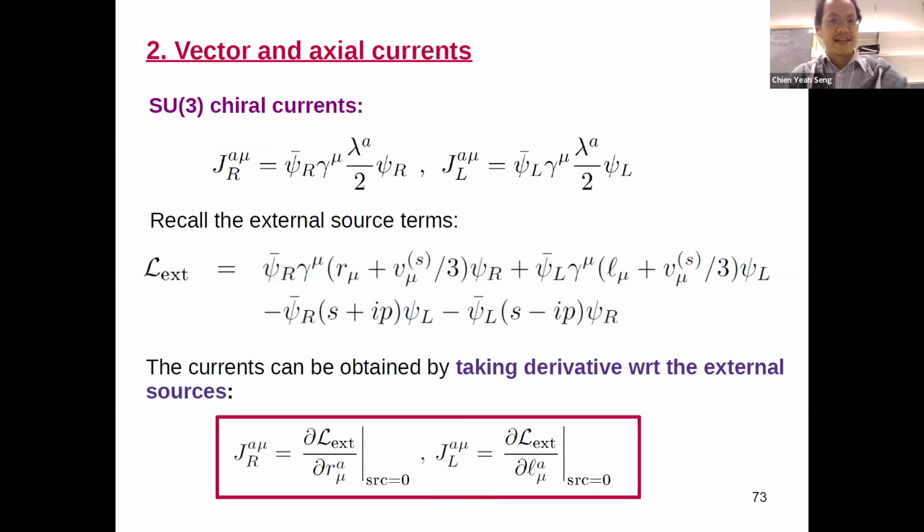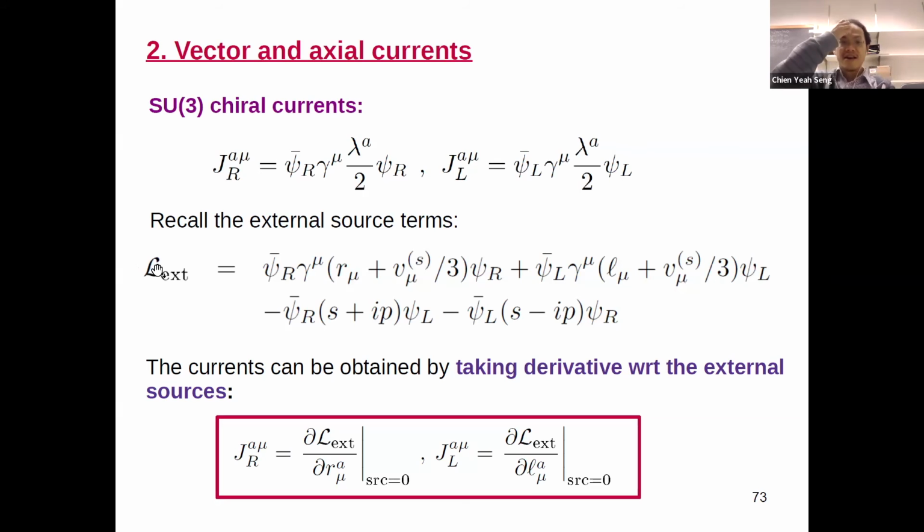And next, we can study the vector and axial currents. These are conserved currents of the chiral symmetry. So in three flavors, in terms of the quark fields, the chiral currents are defined like this, which you can see before. And then the question is how to obtain these conserved currents from the Lagrangian with external sources.